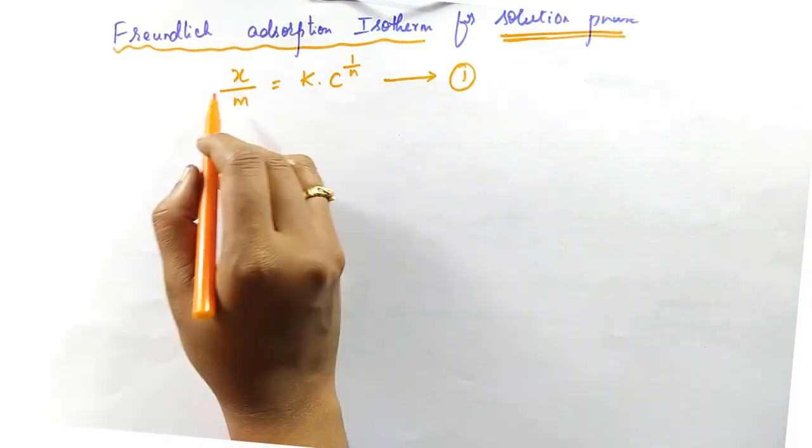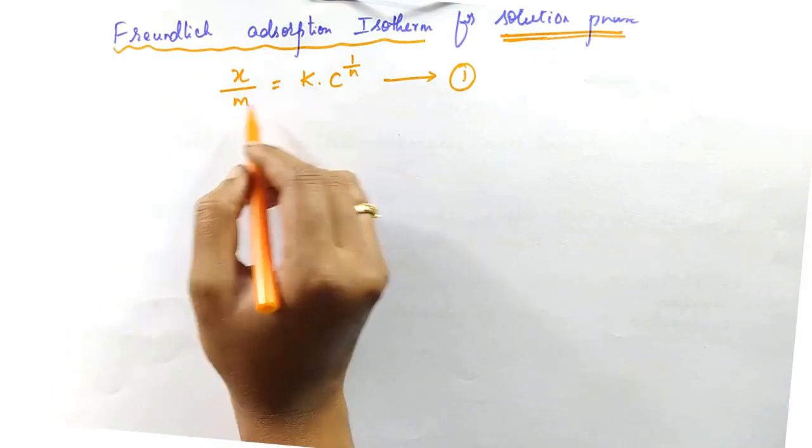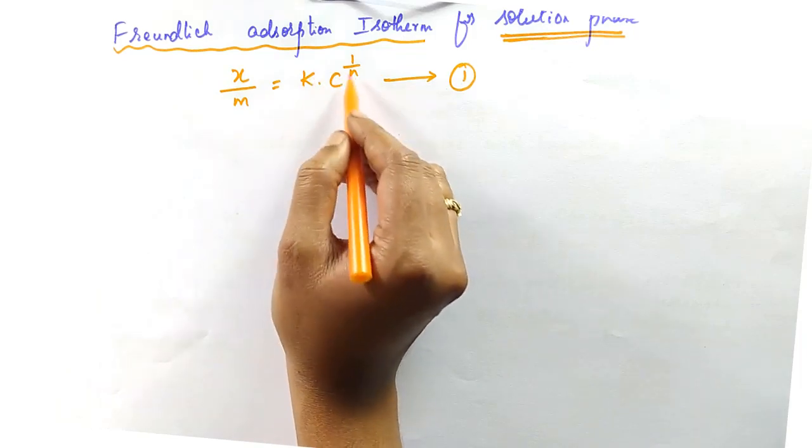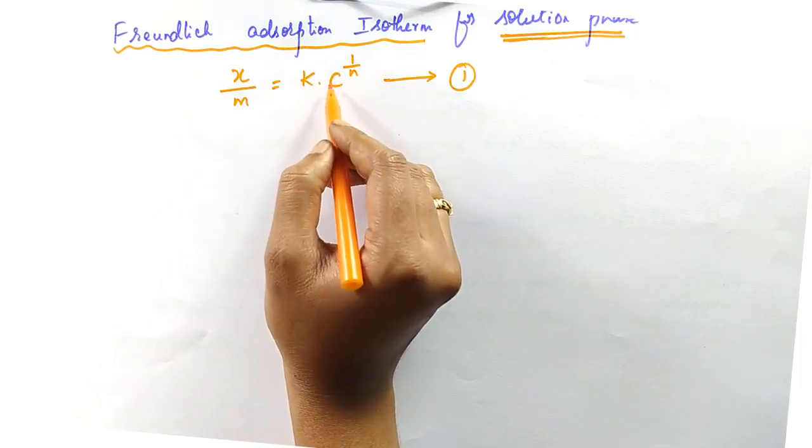In the gas phase, we write the equation as x by m is equal to k into p to the power of 1 by n. There we are mentioning pressure.